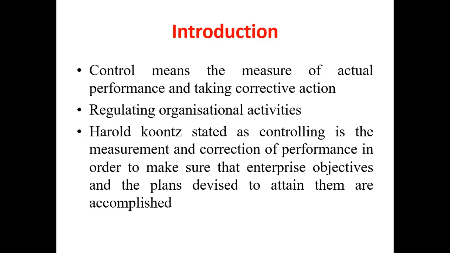Some authors have defined what control is. Control means the measurement of actual performance and taking corrective actions. Harold Koontz stated that controlling is the measurement and correction of performance in order to make sure that enterprise objectives and the plans devised to attain them are accomplished.